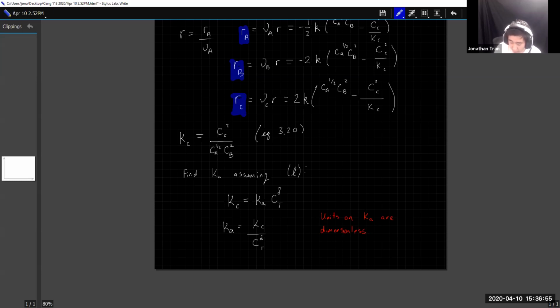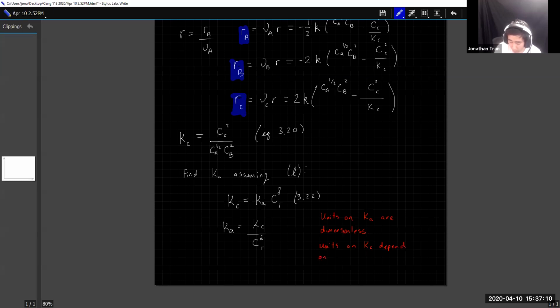And then from this equation, which is equation 3.22, the units on Kc depend on C sub t to the power of delta, where it could vary based on the value of delta.